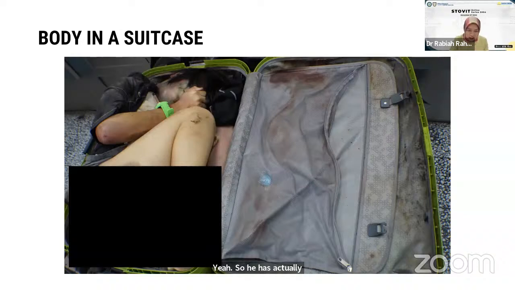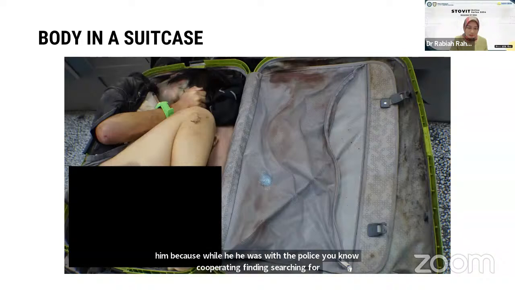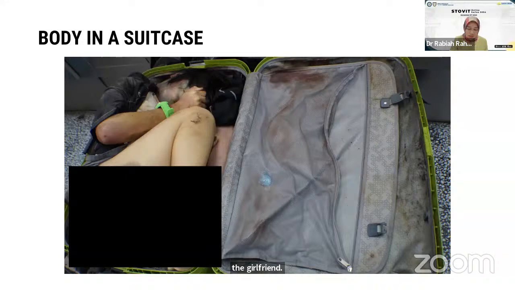He gave cooperation to the police in finding his girlfriend, and that actually cost him, because while he was cooperating with the police, searching for the girlfriend, the police noticed there was an injury on his skin.